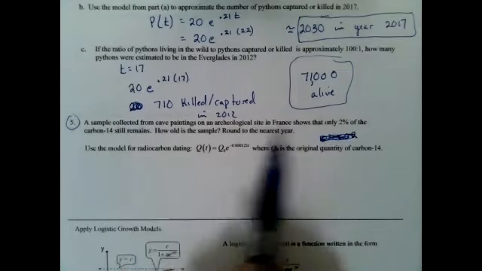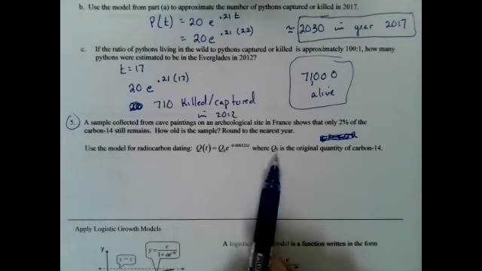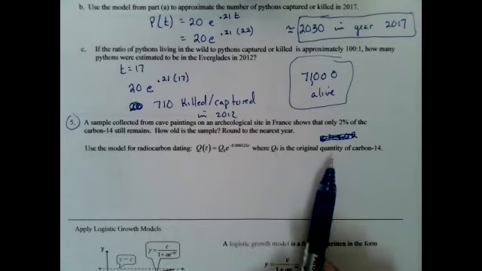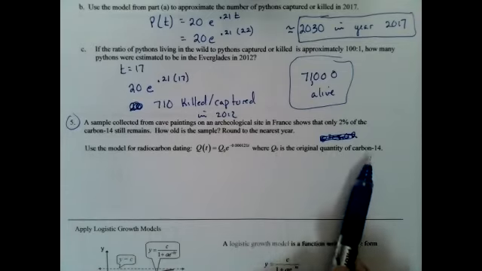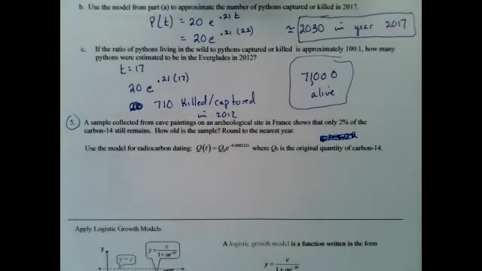Carbon-14. Use the model for radiocarbon dating, where Q sub 0 is the original quantity of carbon-14. Okay, this is going to be a little odd.